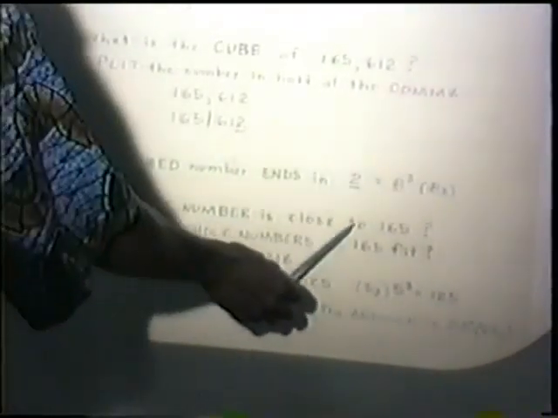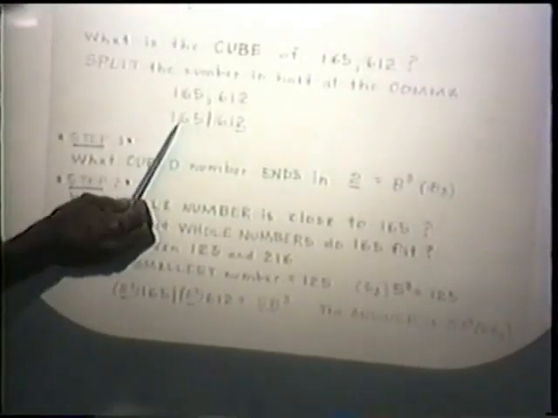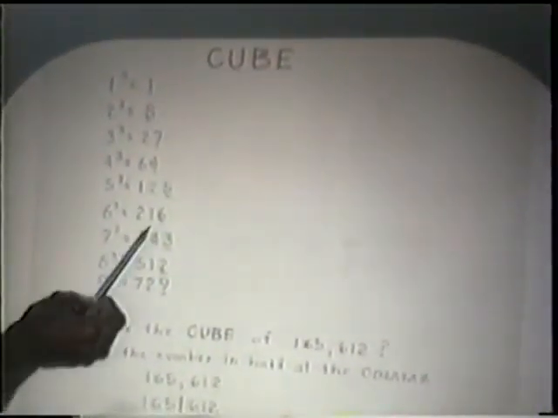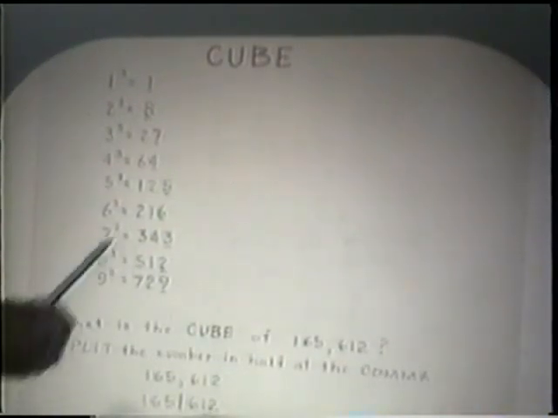The second step is what whole number is close to 165, which is this number here. Which one of these numbers is close to 165? Is it 216 or is it 125?